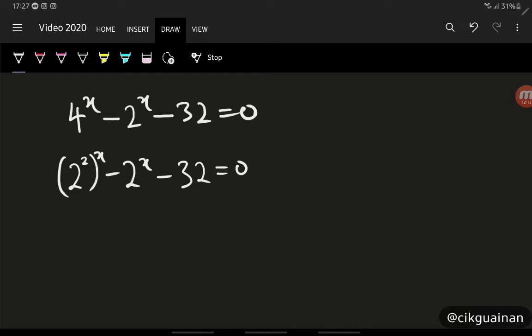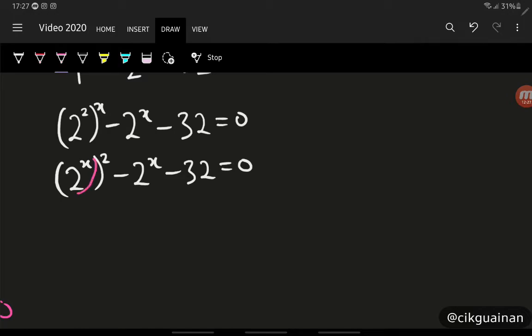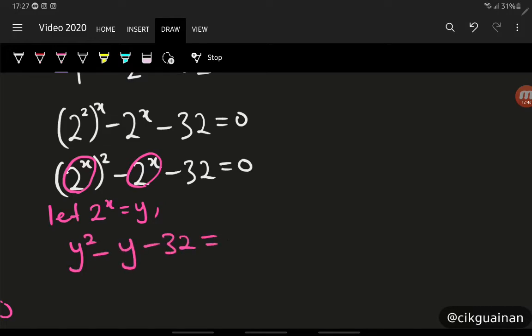Now this one we switch places. (2^x) squared minus 2^x minus 32 equals 0. Now we can substitute. Let 2^x equal, maybe this time I use another letter, y. So y squared minus y minus 32.